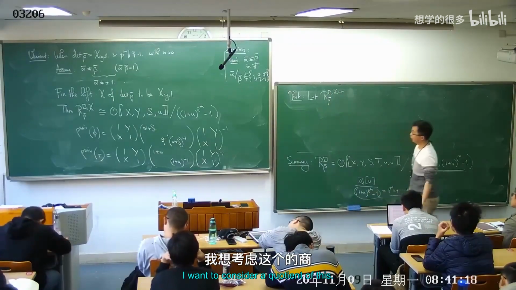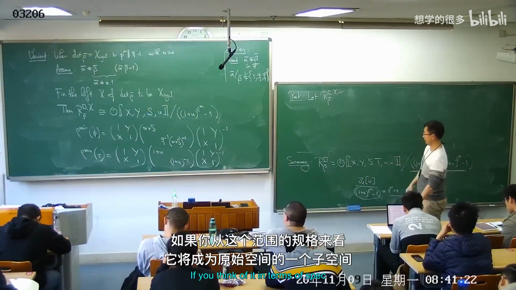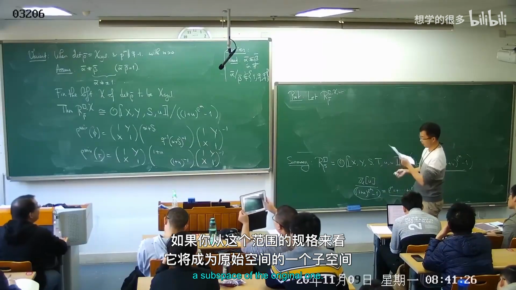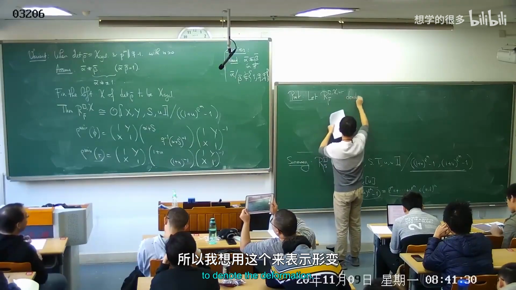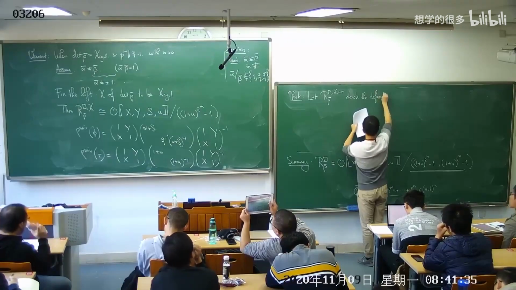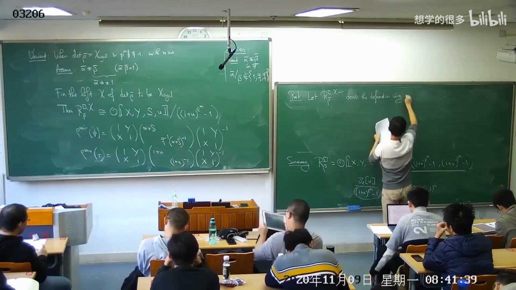I want to consider a quotient of this, or rather, if you think of it in terms of spec of these rings, it's going to be a subspace of the original one. So I want to use this to denote the deformation ring.